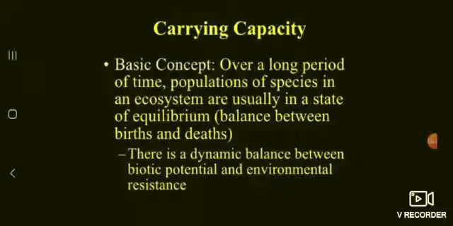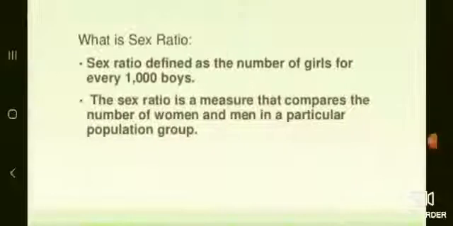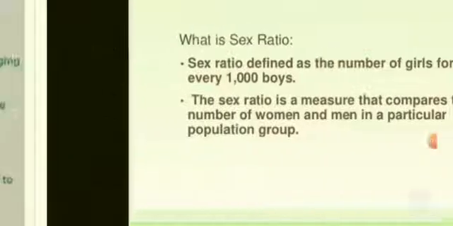The carrying capacity of an environment for a population depends on three major components, that is the productive system, protective system and assimilative system. Next is the sex ratio. The number of females in a population per 1000 males is called the sex ratio.